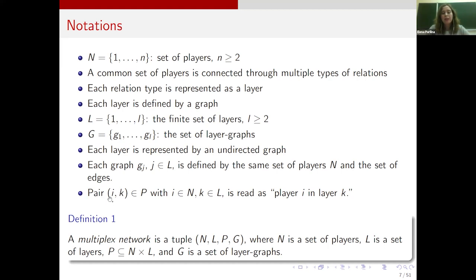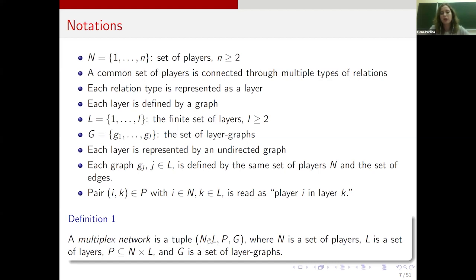Also, we define the pair IK, which represents player I in layer K. So this pair represents a player in different ways of communication. And now we are ready to define the multiplex network.